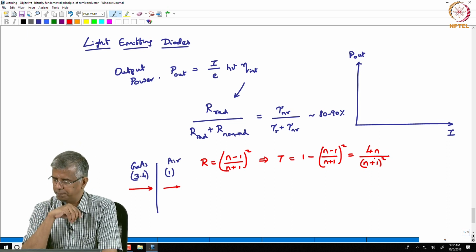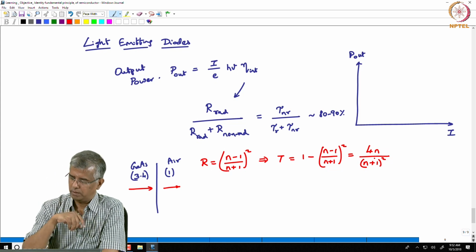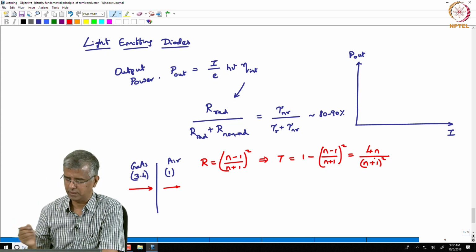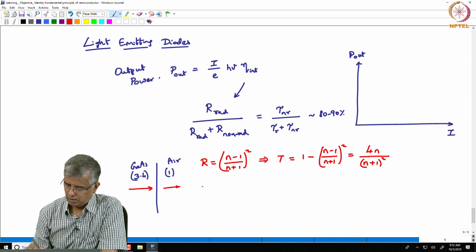Okay. So that is the fraction of light that is transmitted.